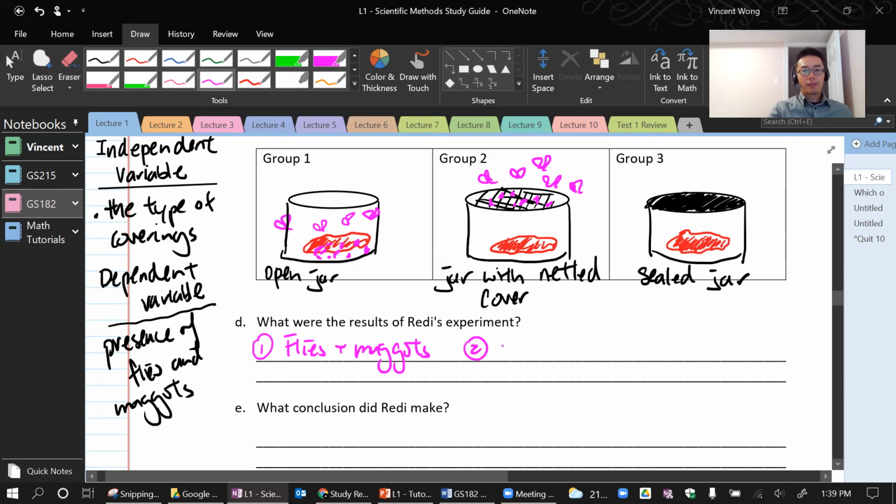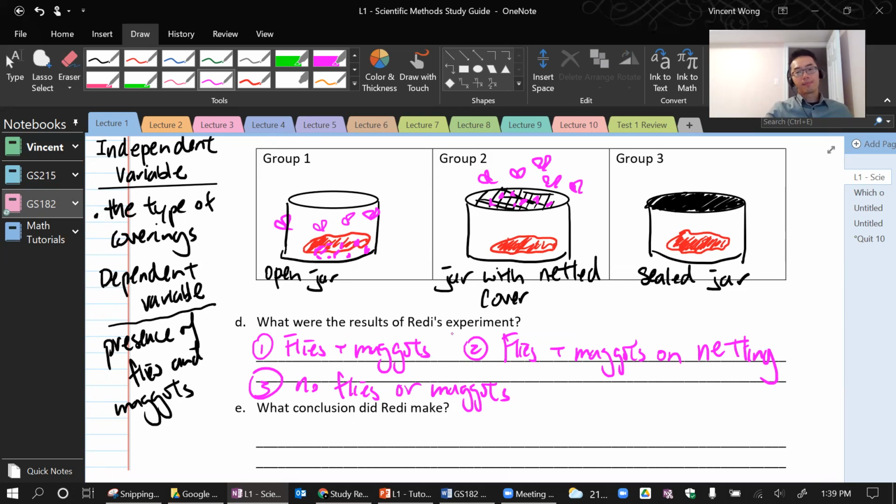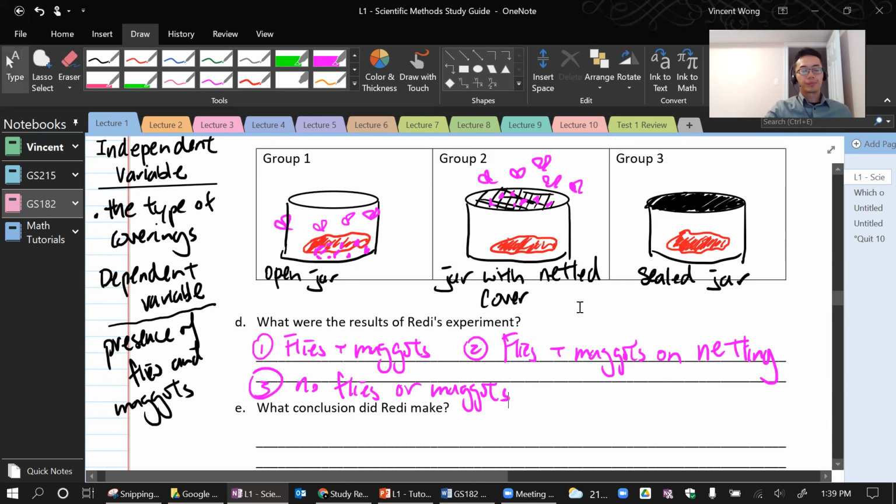So flies and maggots on the netting. And number 3, as you would expect, no flies or maggots. Again, this is obvious for us, but not so obvious a long time ago.